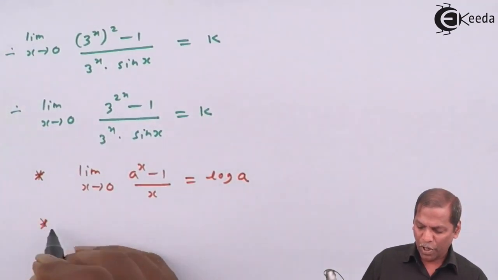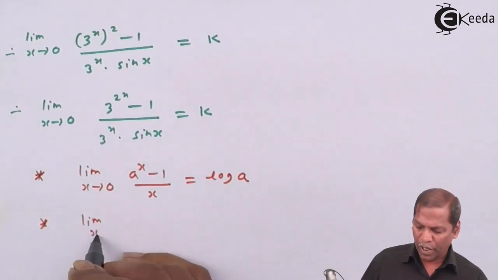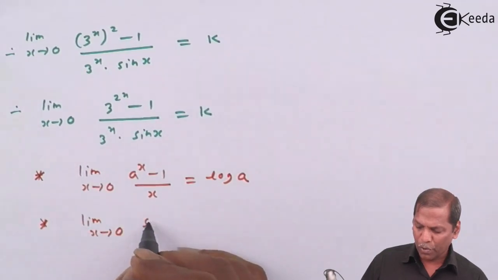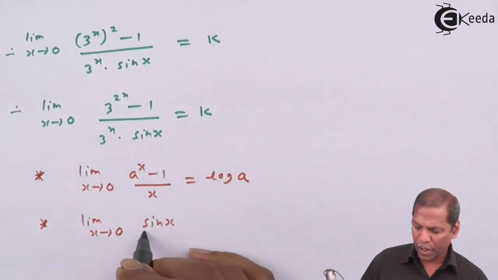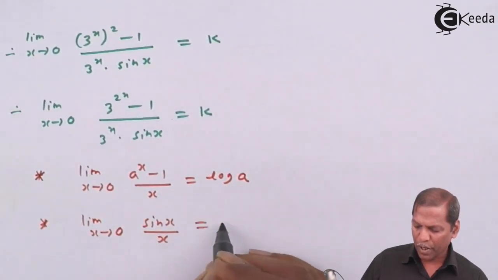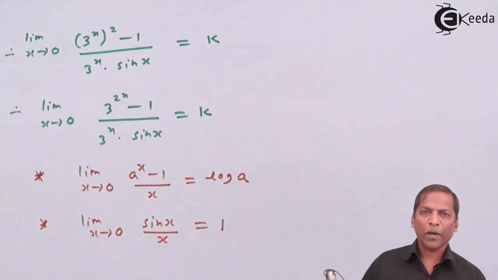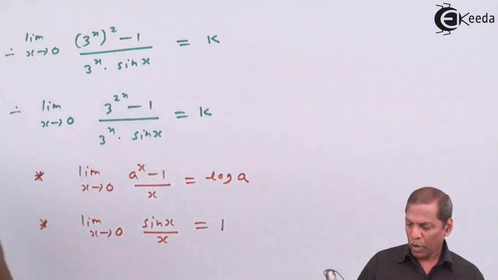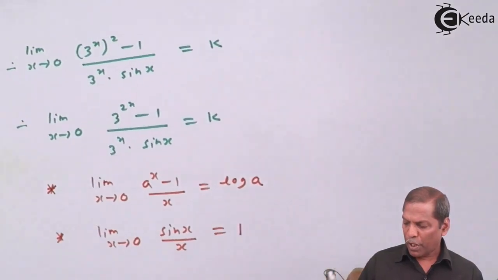And the second rule is limit x tends to 0, sin x upon x is equal to 1. Now to get the rule, here we have to divide numerator and denominator by x.